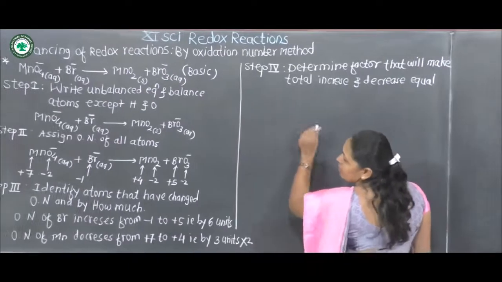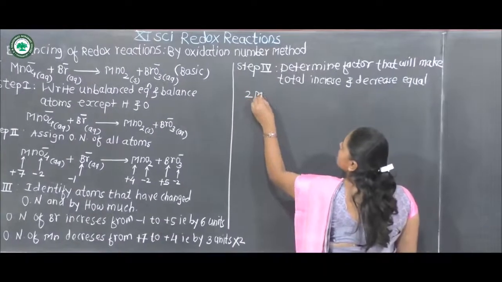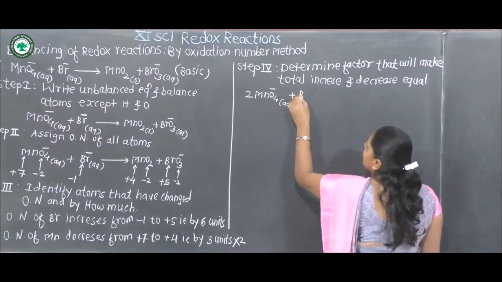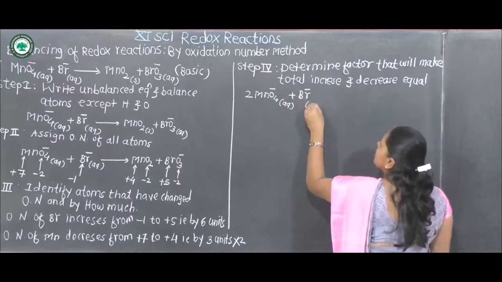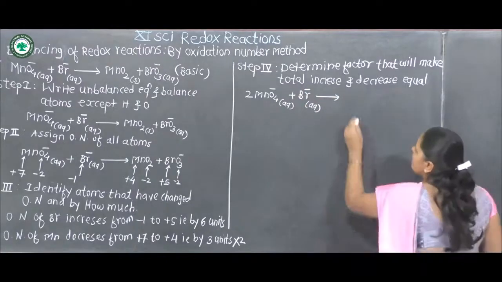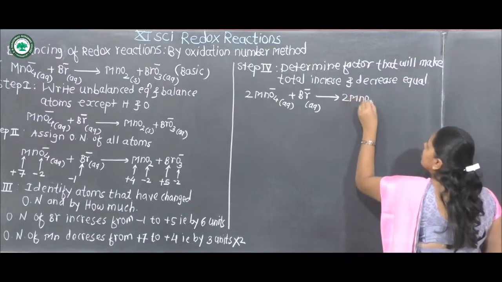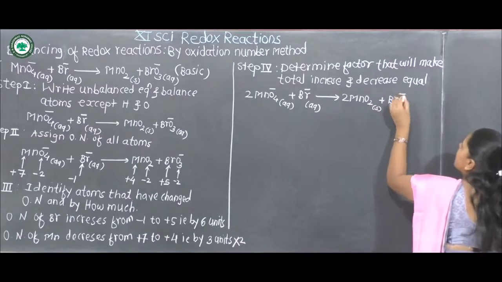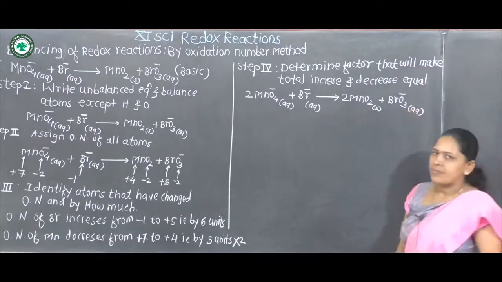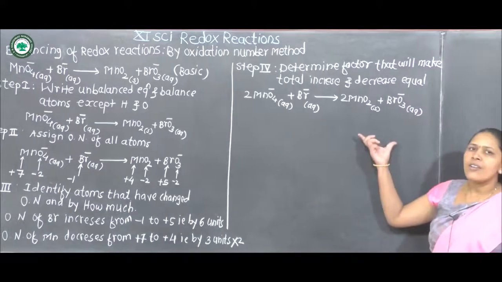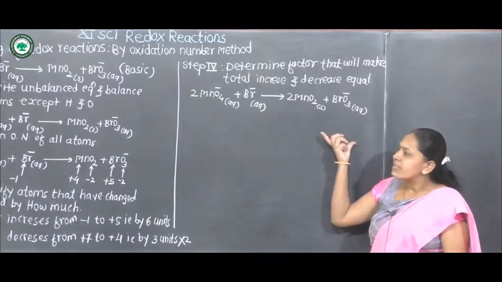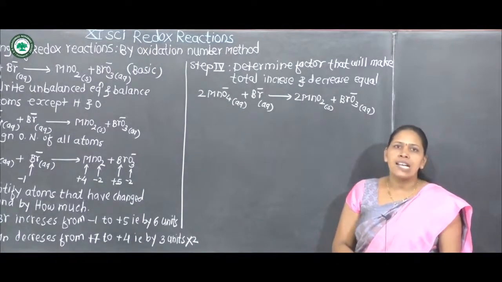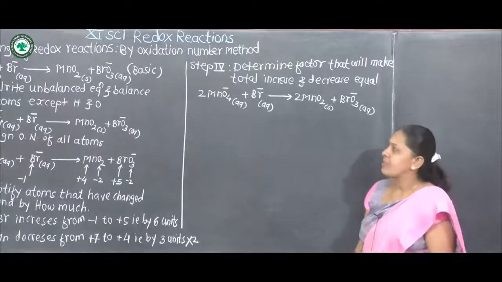Therefore, twice MnO4 minus in aqueous state plus Br minus, it gives twice MnO2 in solid state plus BrO3 minus in aqueous state. Here I have already inserted that factor, that means 2, which makes the total decrease and increase in oxidation number equal.